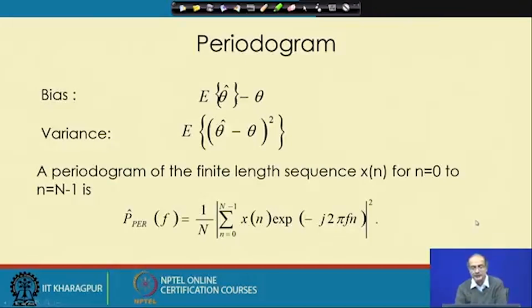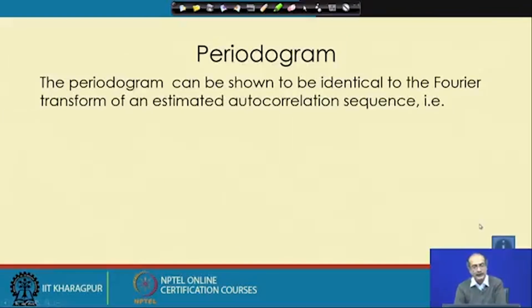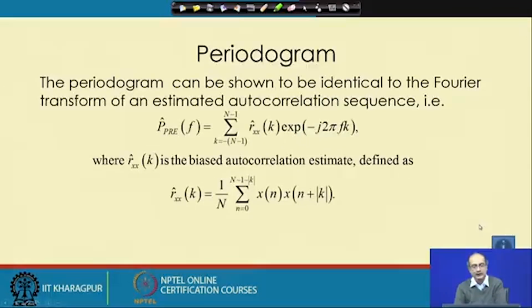So, first we will look at the bias. The periodogram we can actually get as identical to the Fourier transform of the estimated autocorrelation sequence. Please note this term. It is not the ideal autocorrelation sequence, but the estimated autocorrelation sequence. We have already shown these things earlier.